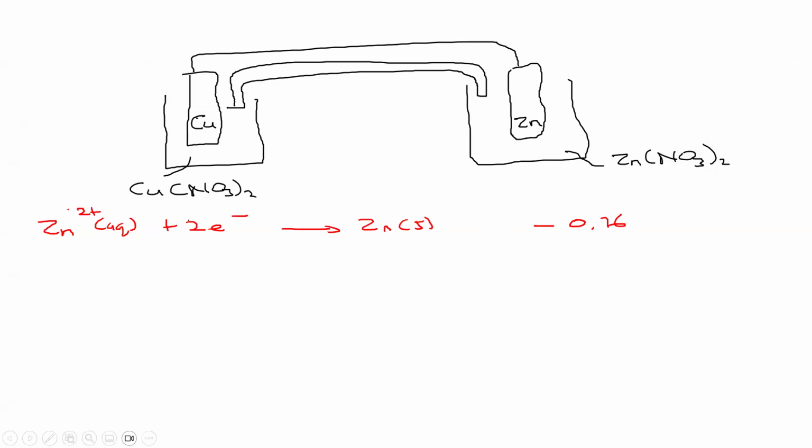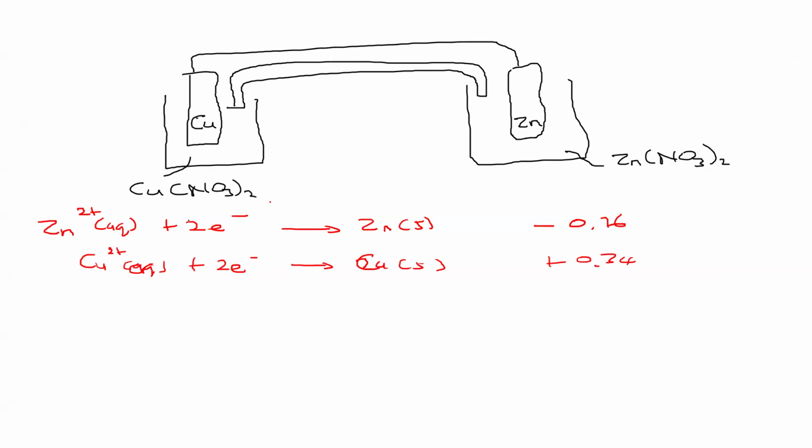For copper, we found something like Cu 2+ plus 2 electrons to give you copper in the solid, and then we said it is 0.34.